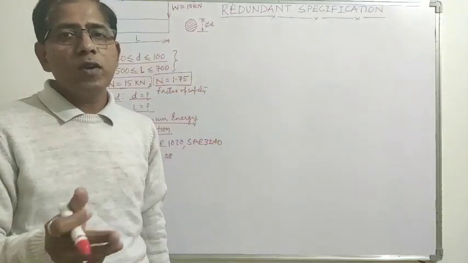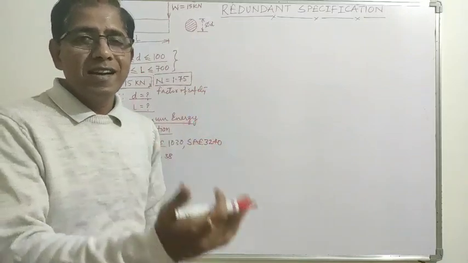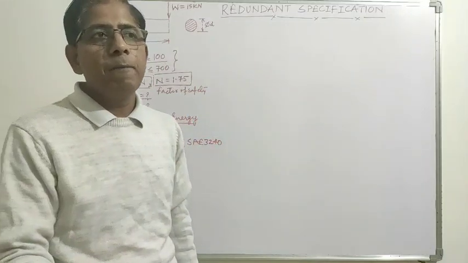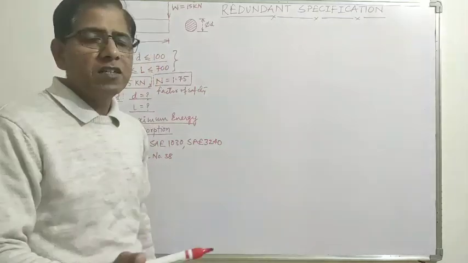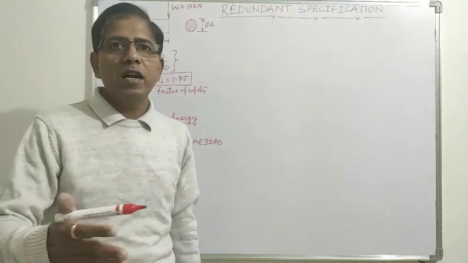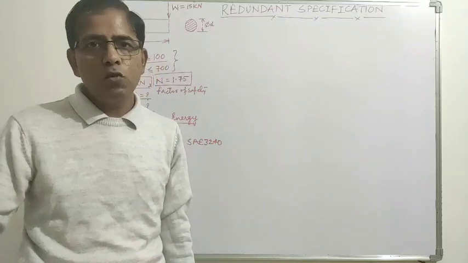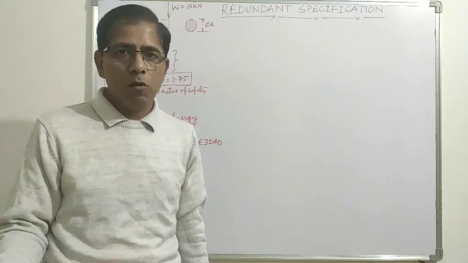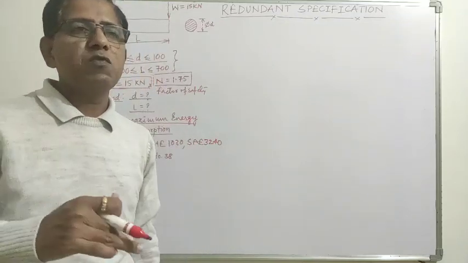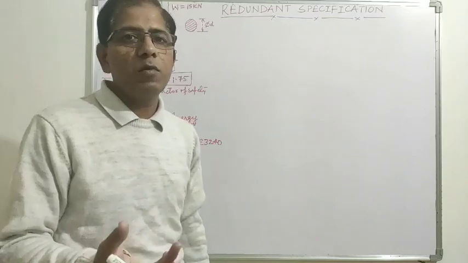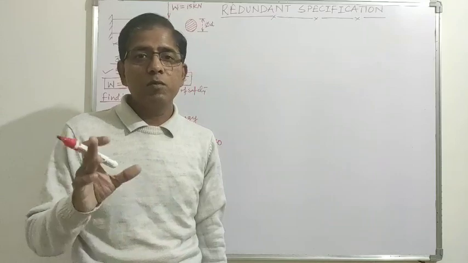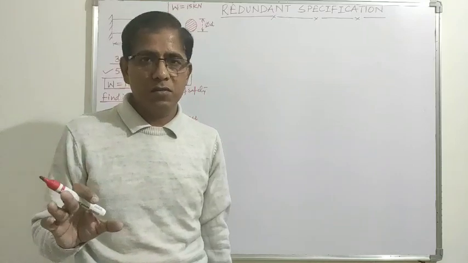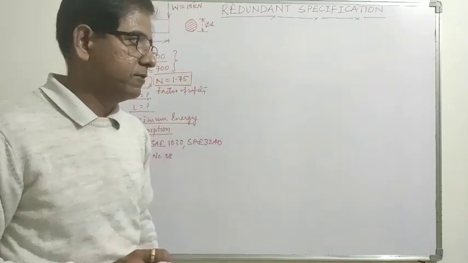So this is how you can identify them. A redundant specification problem contains 2-3 more steps as compared to a normal specification problem. That is why a normal specification problem generally comes for 10 marks and a redundant specification problem comes for absolutely 13 marks. Not less than that.